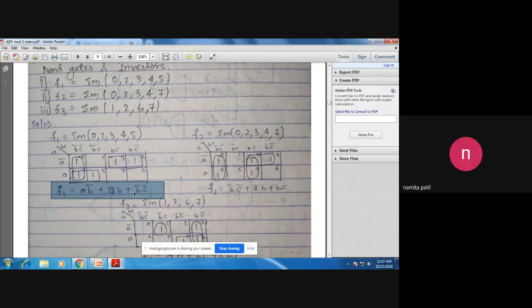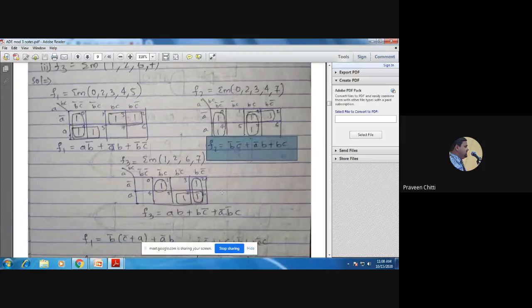Then similarly check the second answer. Second also, all of you got this? B bar C bar plus A bar B plus BC. Is that clear? And the third one, what did you get? A bar B bar C plus AB plus BC bar.